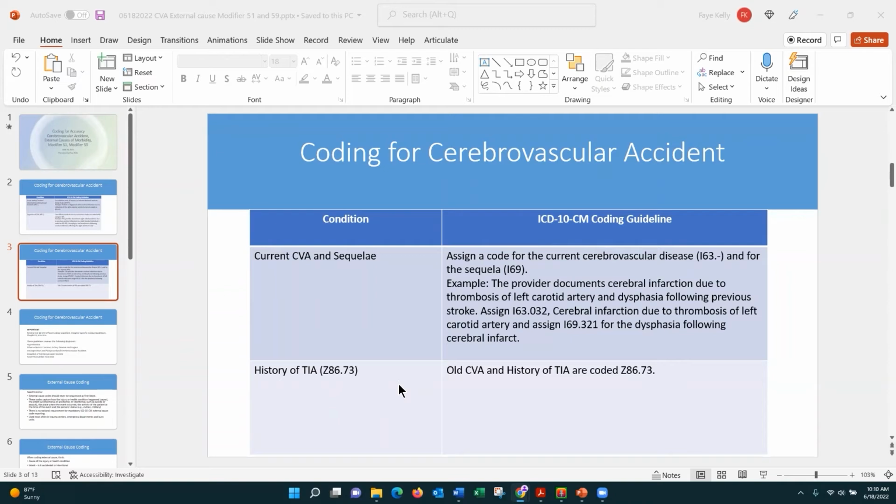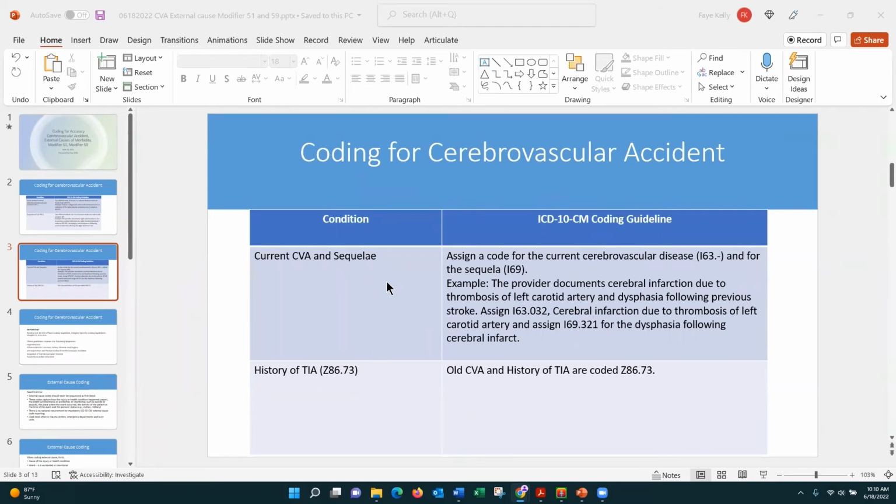It will not come from I-69. I-69 is only assigned when there's a residual. So you really want to make note of that, because you're going to see it in the chart at the physician's office. You're going to see it in the ED. So I want you to understand that guideline.